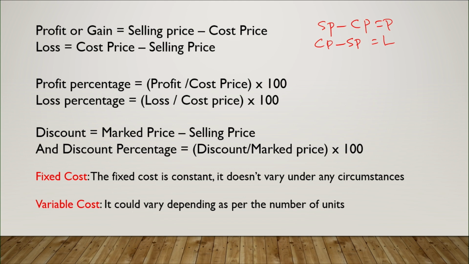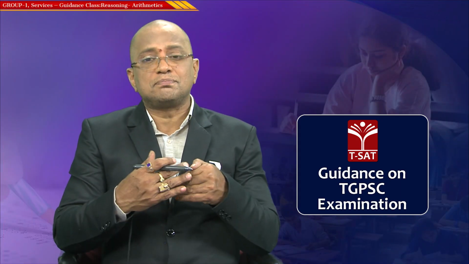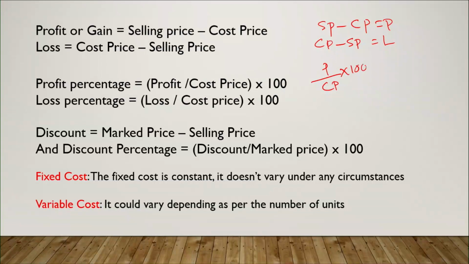Then profit percentage. We give the percentage value, either profit or loss, with respect to cost price. For example, to calculate profit percentage, it is simply profit divided by cost price into 100.